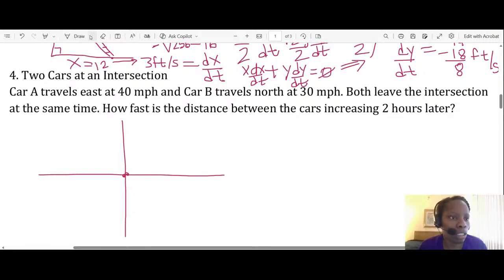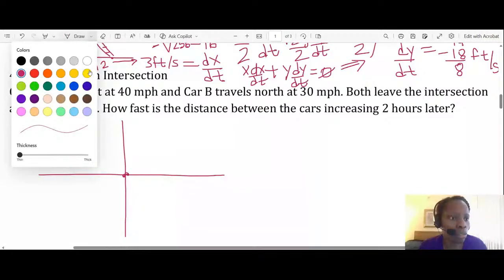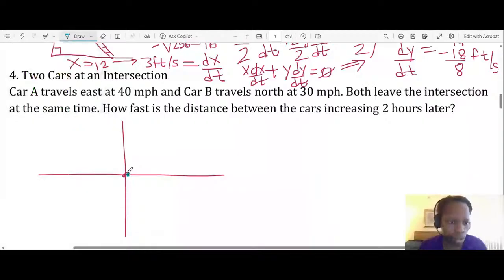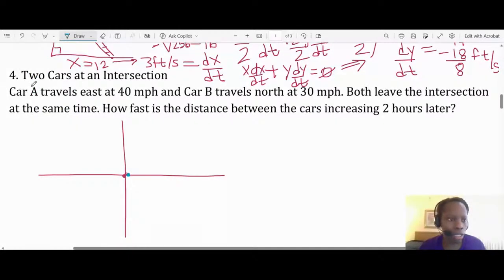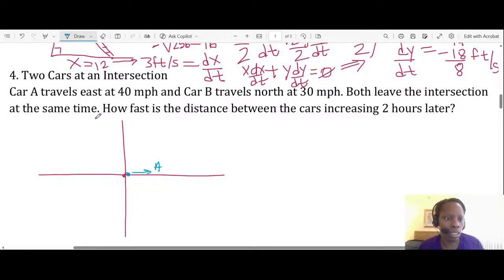Car A is traveling east, going 40 miles per hour.